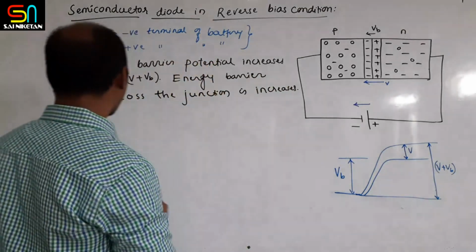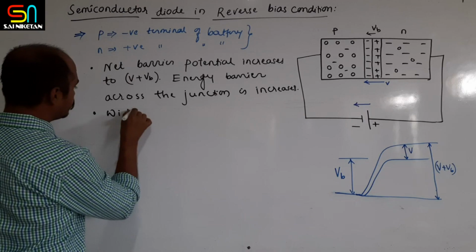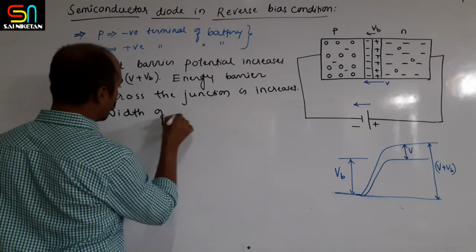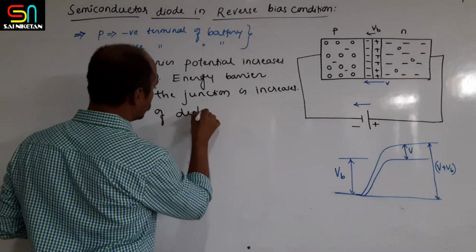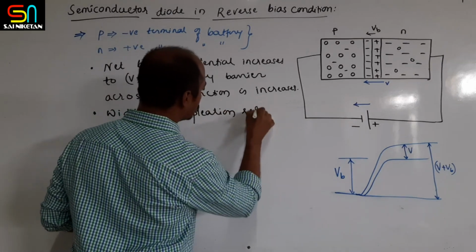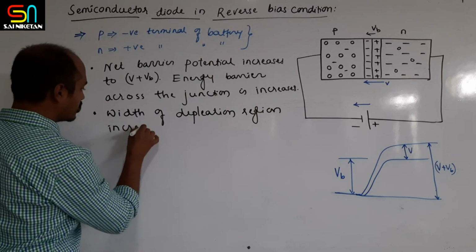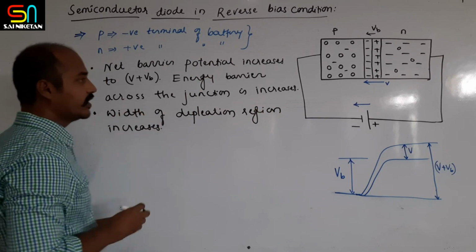So the second point: in the reverse bias condition, the width of the depletion region increases.